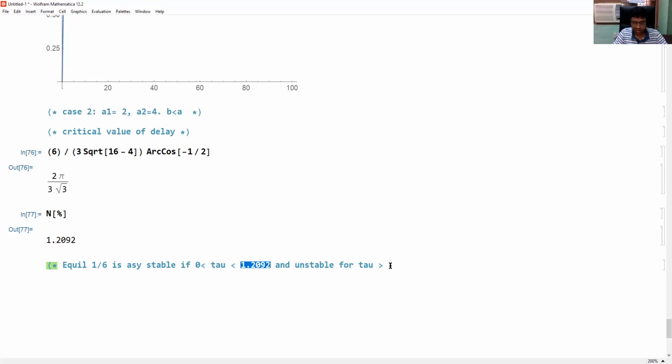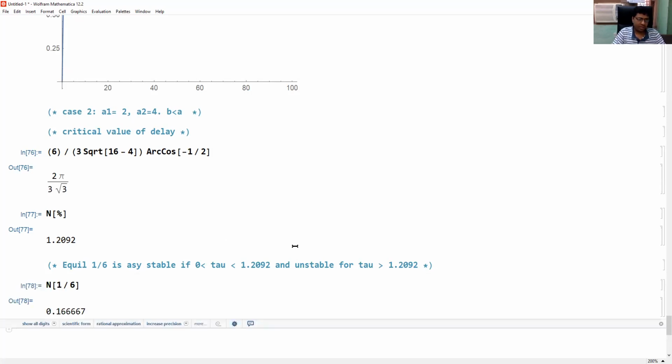This is our analytical result. We are going to verify. So what is the numerical value of 1 by 6? It is 0.166.